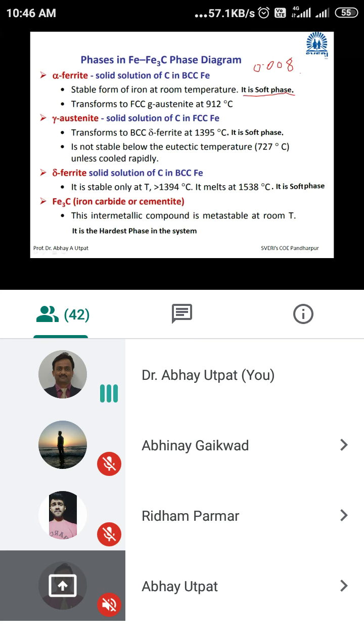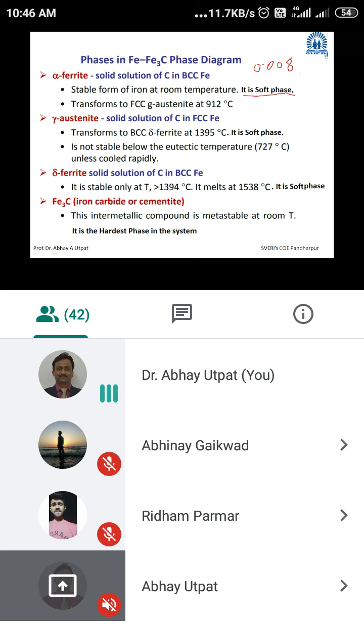It is different, so some name should be given to it. So he gave his own name, austenite, and the structure is FCC. The long form of FCC is face centered cubic structure.